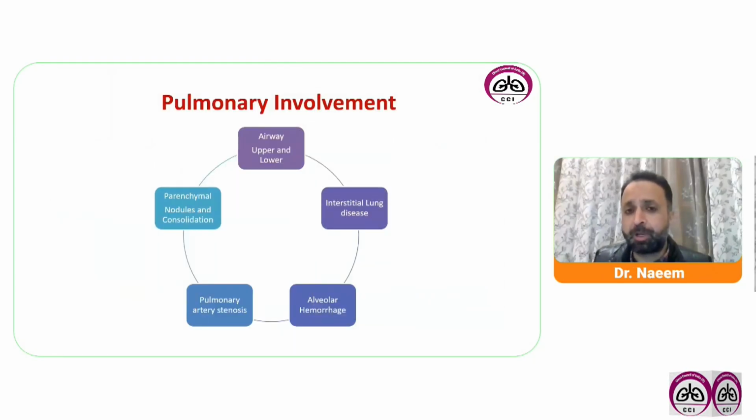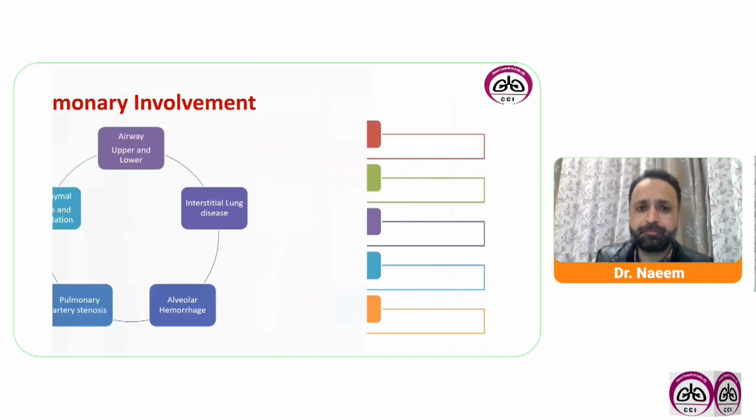The various pulmonary involvement presentations in pulmonary vasculitis will be upper and lower airway involvement, interstitial disease, alveolar hemorrhage, pulmonary artery stenosis, and parenchymal involvement in the form of nodules and consolidation along with cavitation.